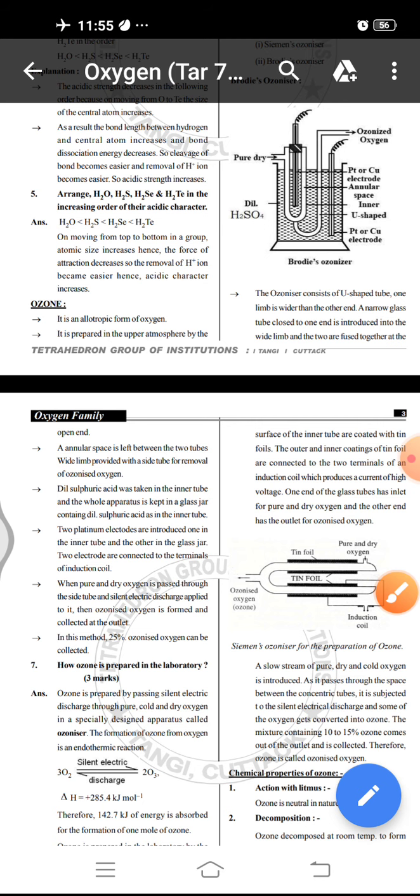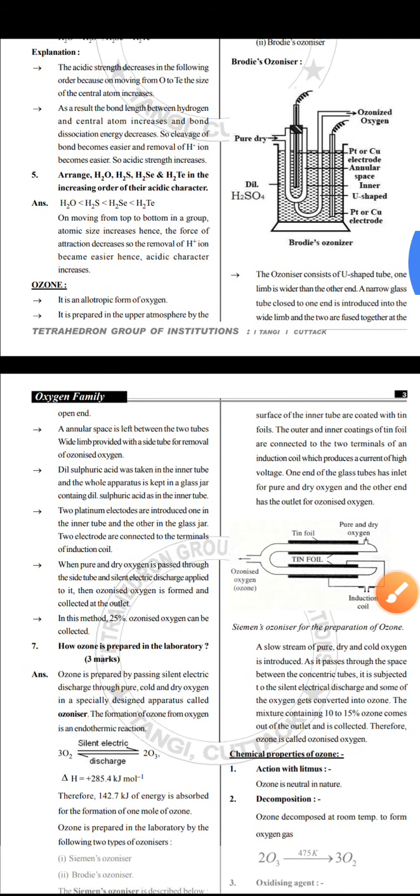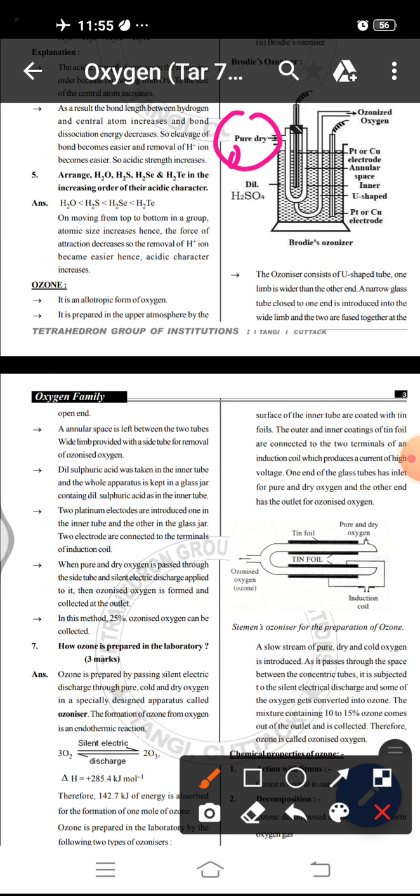When pure and dry oxygen, that is O2, is introduced to the annular space with the help of the inlet, the oxygen passes through the annular space, and silent electric discharge is applied to it with the help of the induction coil.